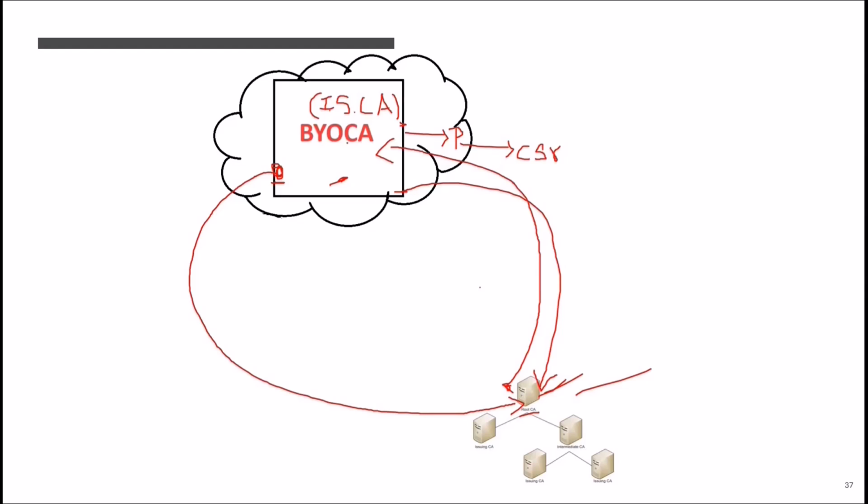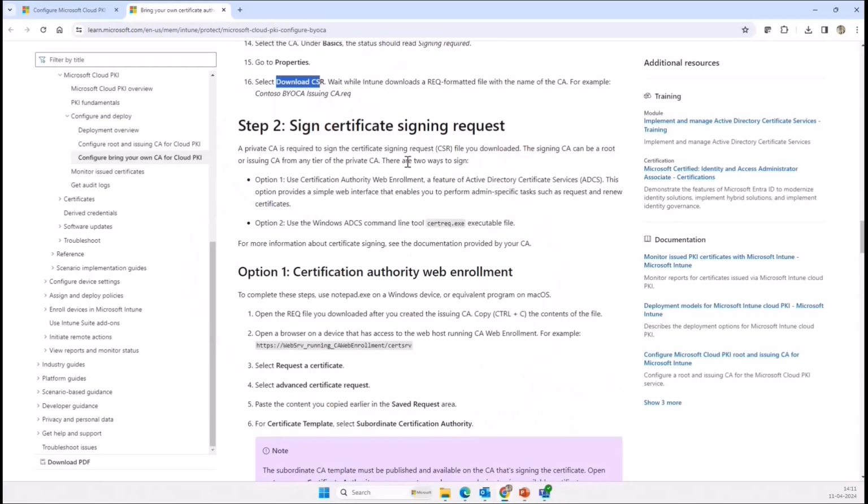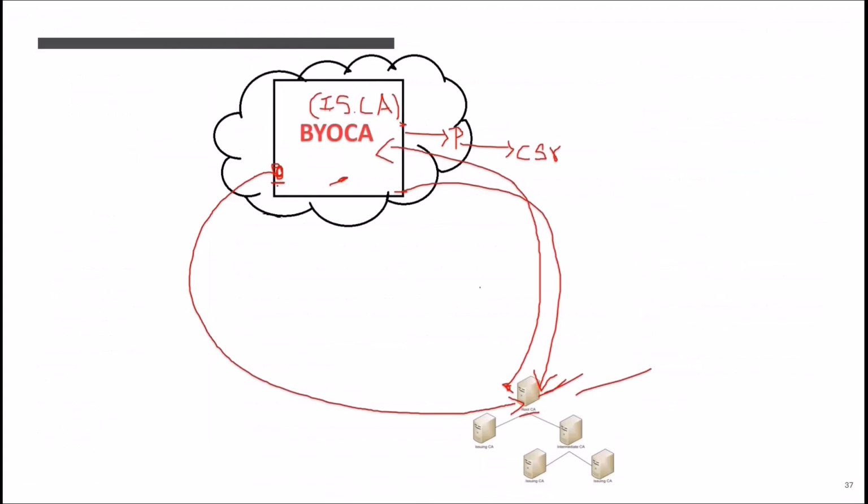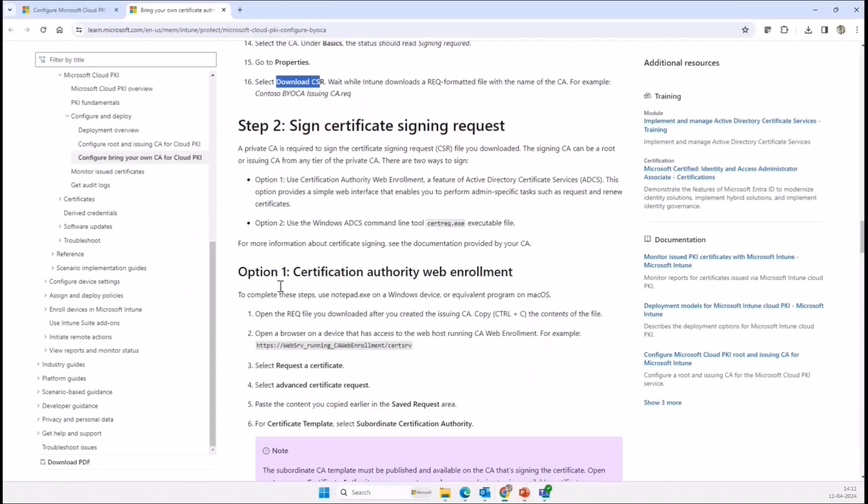So it's very simple. In the BYOCA methodology, we create the issuing CA, we download the CSR. We take that CSR to the root CA, which signs it and sends it back to the issuing CA, and now the issuing CA is anchored with the root. Now, how does the root CA sign this CSR? There are two methods. Option one is using a tool called Certificate Authority Web Enrollment.